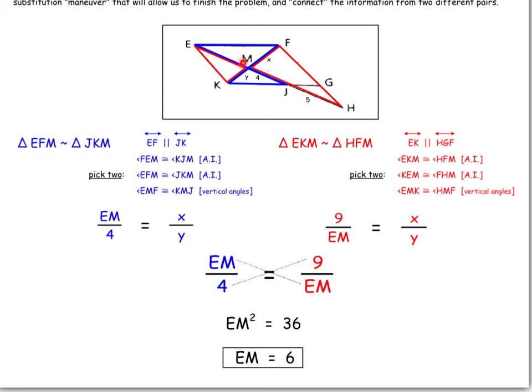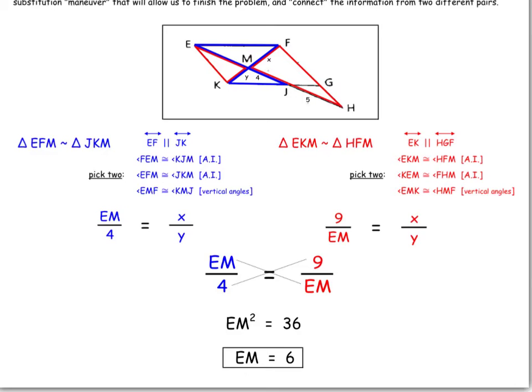FEM in the upper blue triangle is congruent to MJK in the lower blue triangle, or KJM as I wrote over there, alternate interior angles. Or you could use EFM on the right, which is alternate interior to MKJ on the left, or you could use the vertical angles.